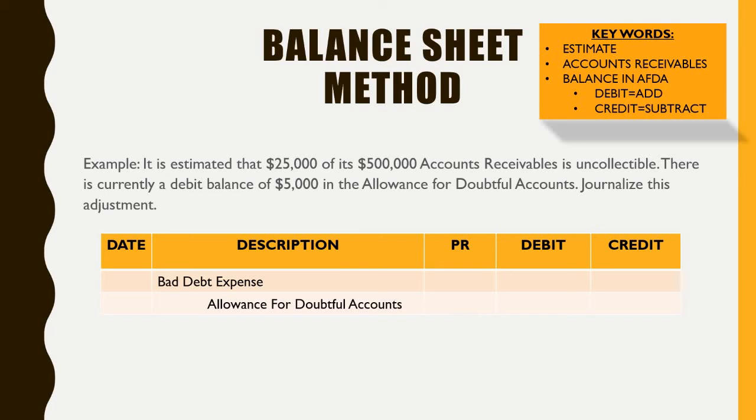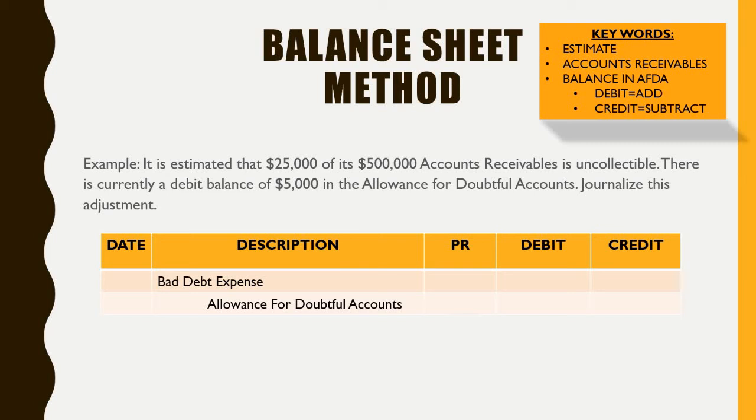Second thing you're going to look for is the keyword accounts receivable, all right? Here you go, 500,000 of accounts receivable. We recognize the word accounts receivable, right? And I've explained that it appears on the balance sheet, okay? And what also appears on the balance sheet is your allowance for doubtful accounts.